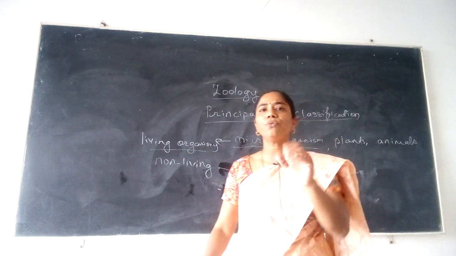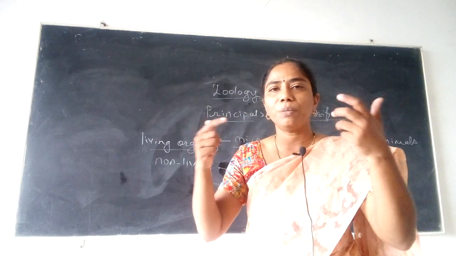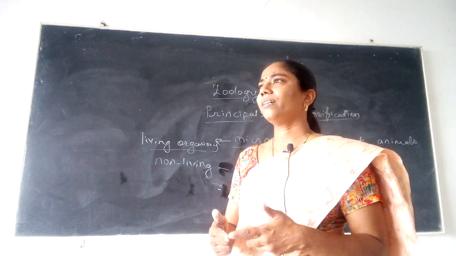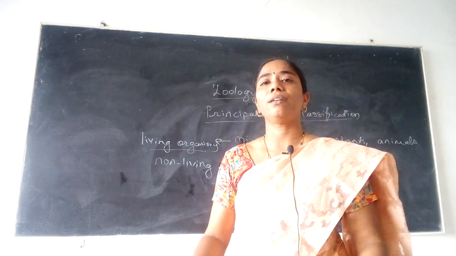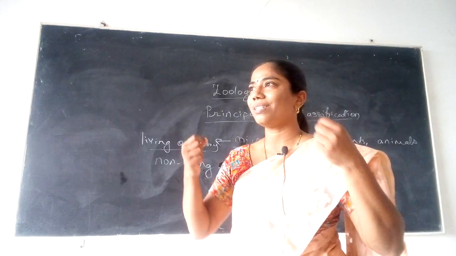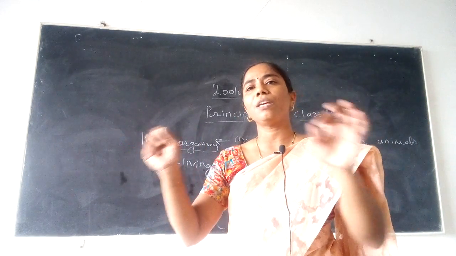When I tell you chair, your brain starts to think: the size of the chair never grows. It doesn't require air for respiration. It does not require food material for its growth. So the size of the chair remains the same as it is.